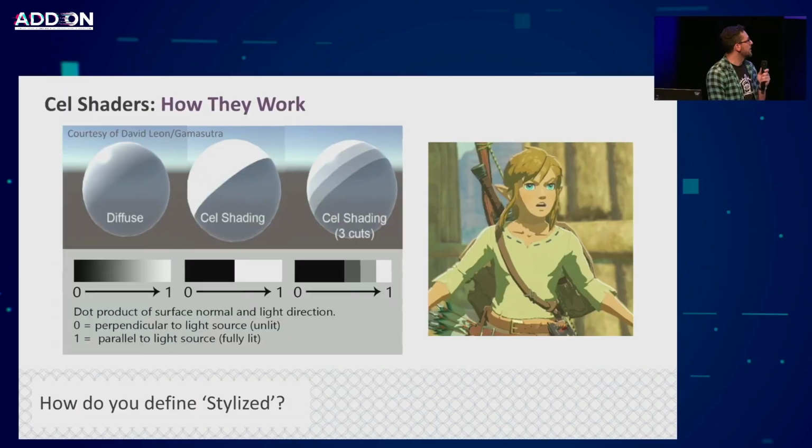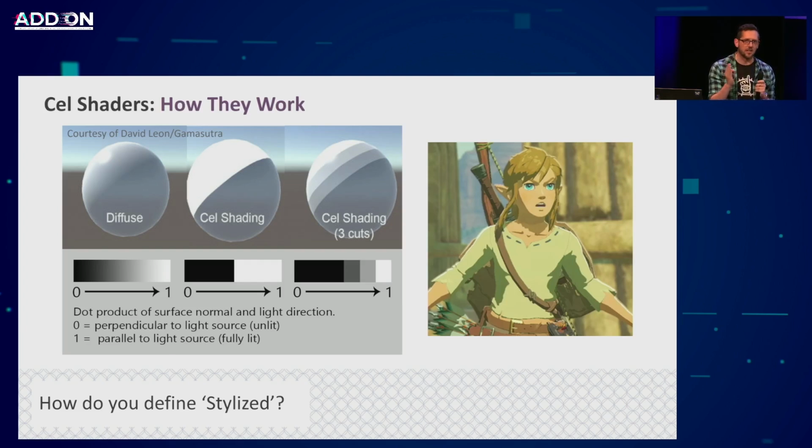To talk about cell shading a little bit without going into too much detail: a standard Lambert diffuse type shader is just a smooth gradient from light to dark, depending on where the light is in the scene. Then your classic two-tone cell shader just splits it somewhere in the middle, so you have a light side and a dark side.